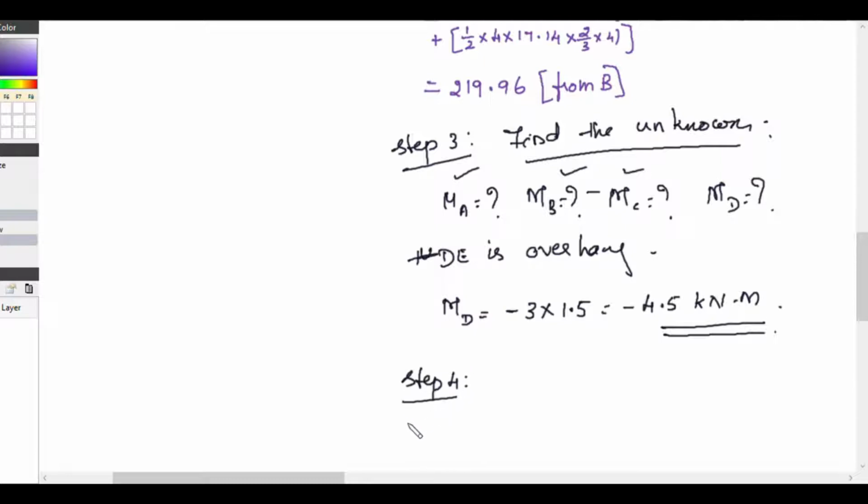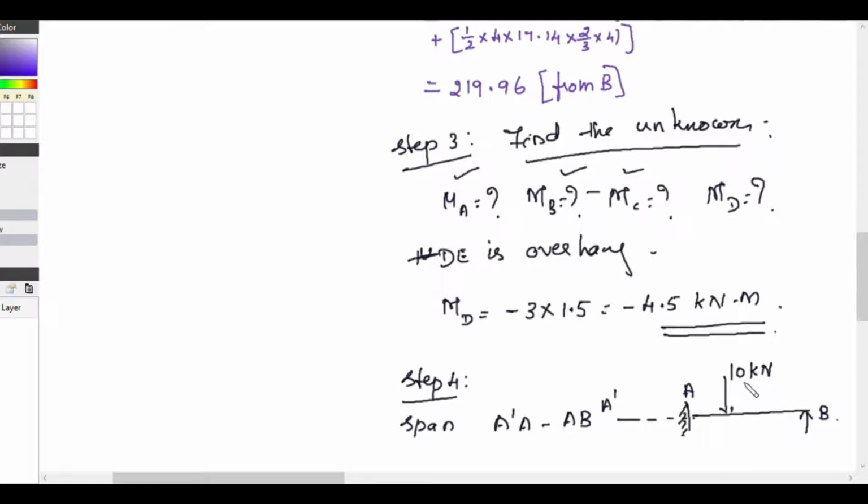First of all, we are considering the span. Since A is fixed, we will consider A dash A and AB. So A is fixed, B is simple support, intermediate support. So we will assume an imaginary span A dash. Now, what about AB? For AB, we have a 10 kilonewton load.